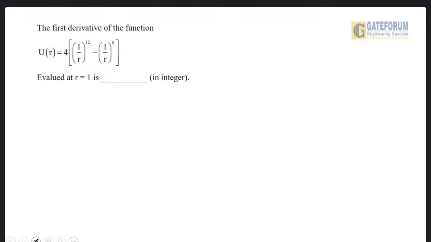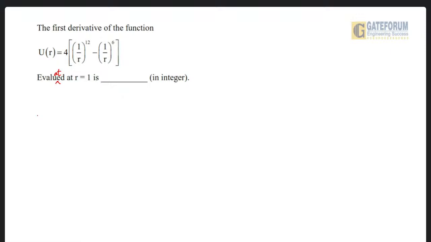The question is, find the first derivative of the function u of r is equal to 4 times 1 upon r whole to the power 12 minus 1 upon r to the power 6, evaluated at r is equal to 1. This is from engineering mathematics, from the topic calculus, subtopic differentiation, ordinary derivatives.